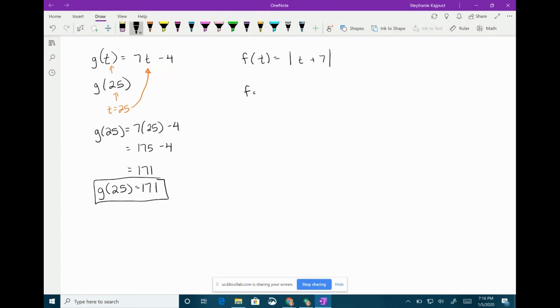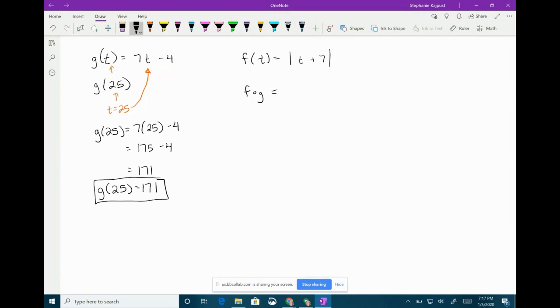So let's say you were asked to find f of g. F composed g, it has that circle. And you're given our g of t, which is 7t minus 4, and our f of t, which is the absolute value of t plus 7.